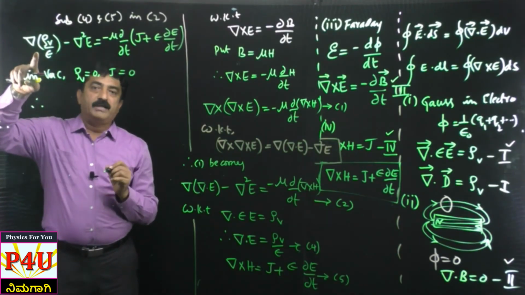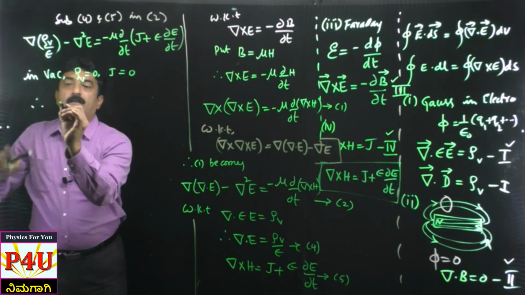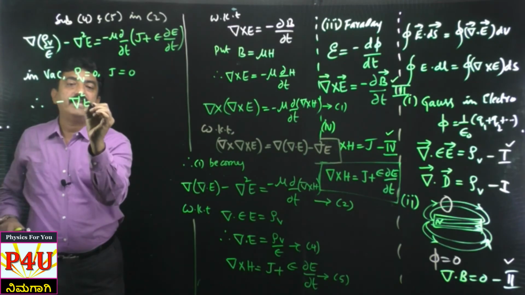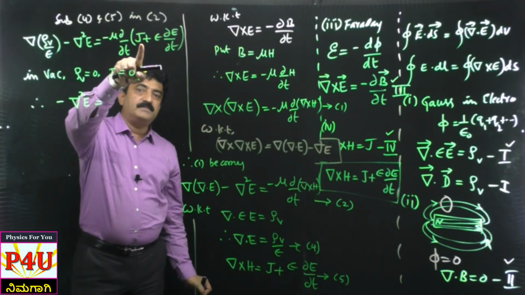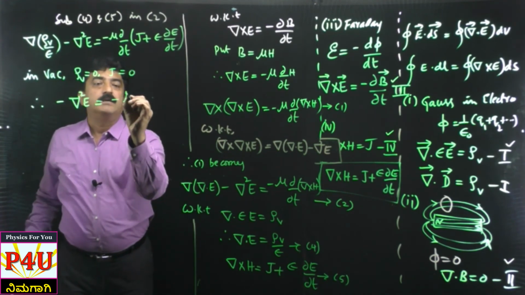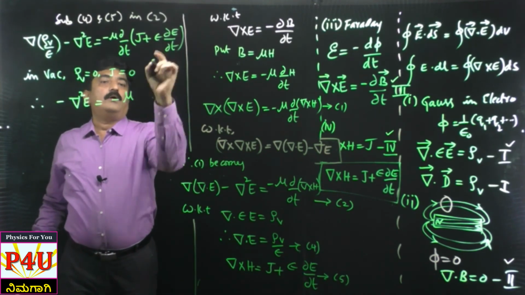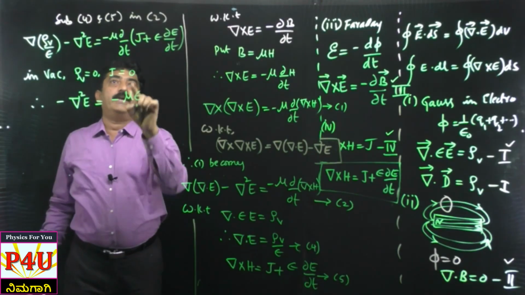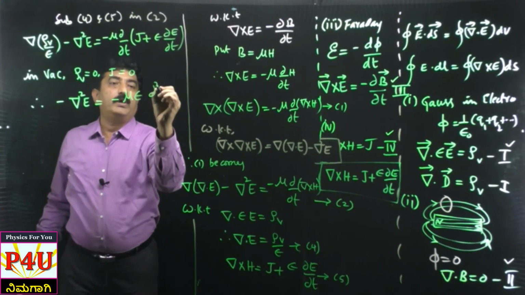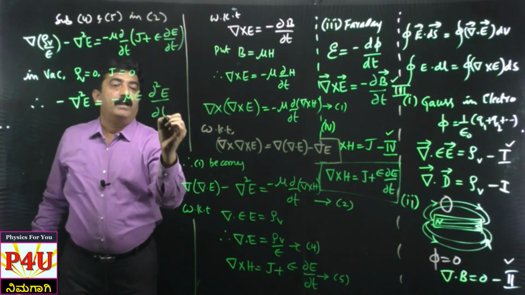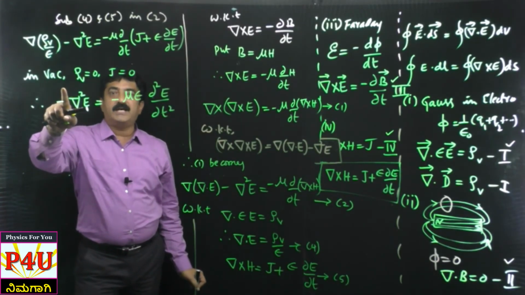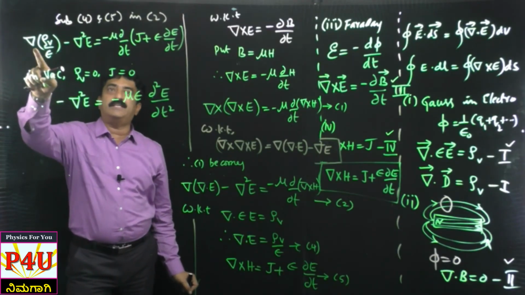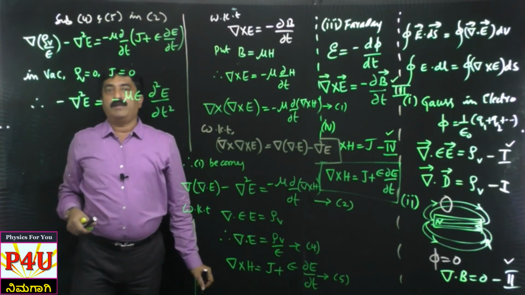Therefore the first term becomes 0, rho V is 0, minus del square E is equal to minus mu into epsilon, dou square E divided by dou T square. Understood? One step I am skipping here: I should have written this as 0, this as 0, but I hope you are able to manage.